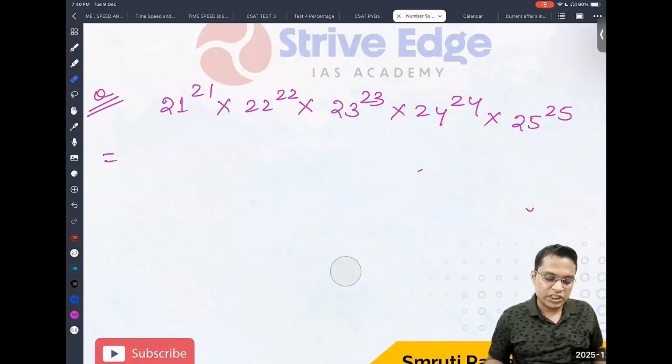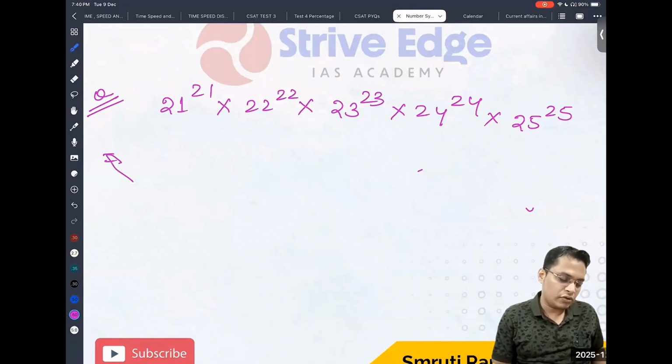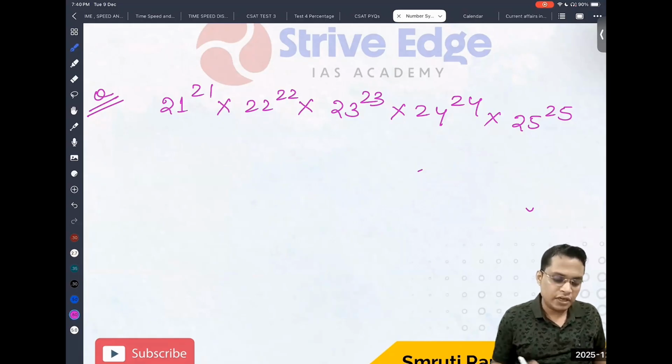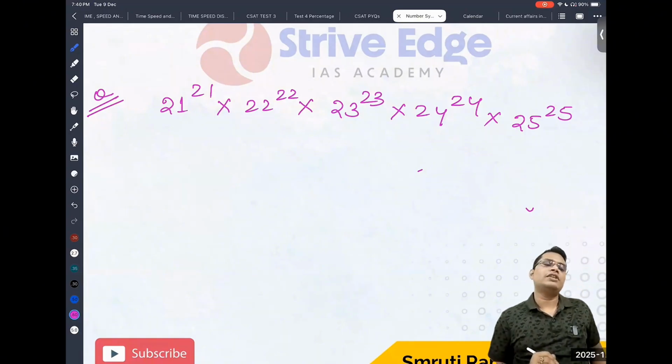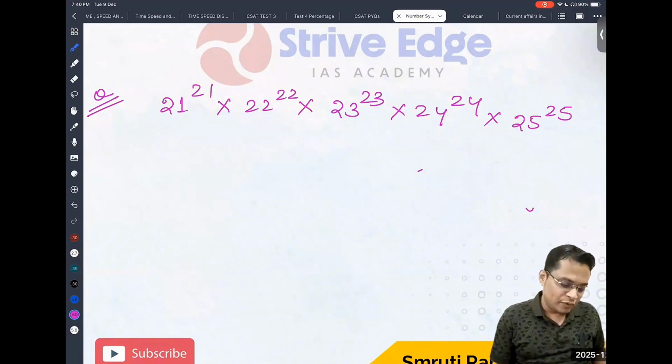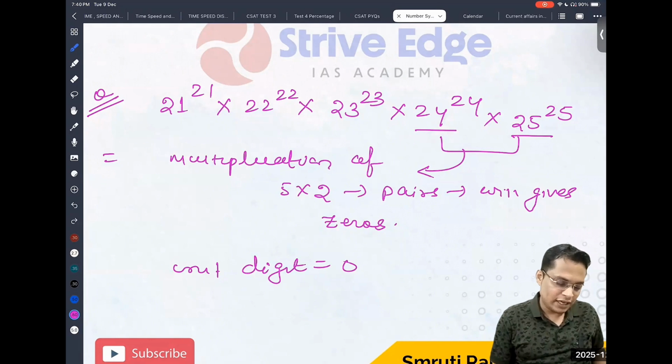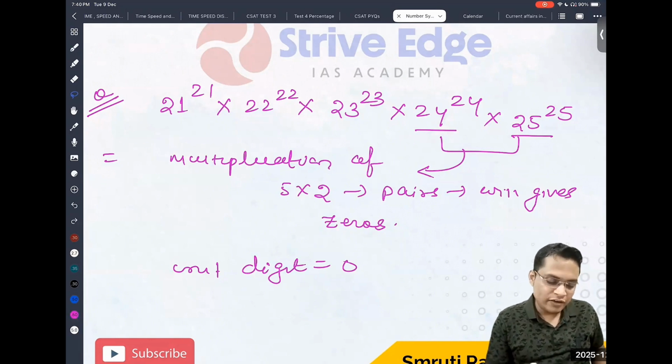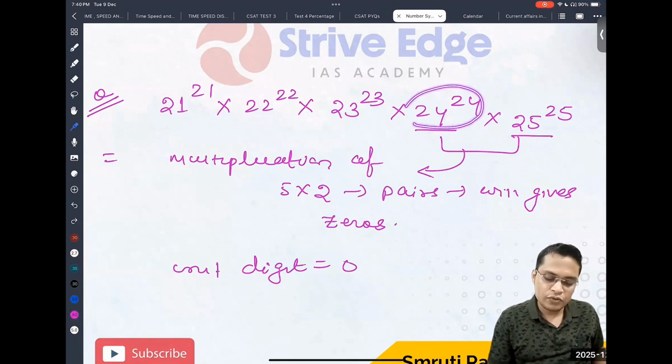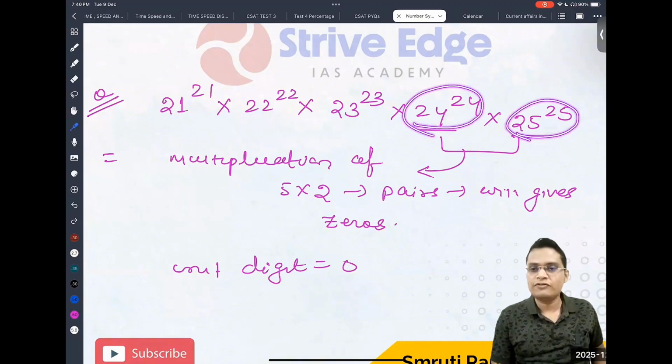Next it is asking, find the unit digit of this value, so the number given. So I think even without solving, you can solve this. I'm just rewriting what is already there, so no need to write anything here. In 24 you'll find a lot of twos, and in 25 there are a lot of fives also.